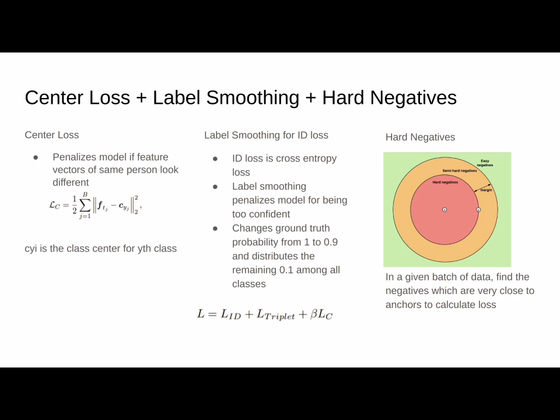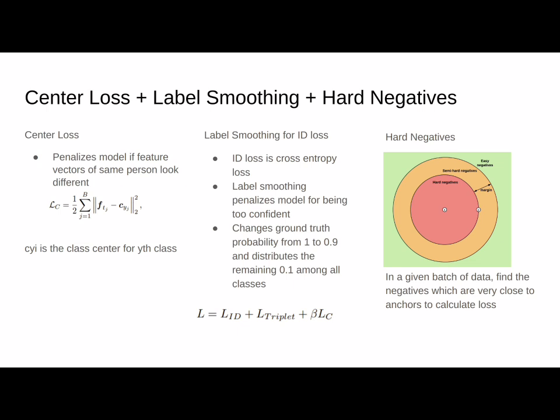Another technique that we use to make sure that we have a good loss metric is label smoothing. Now ID loss is the loss that we get at the end of the fully connected layer. It is basically cross entropy loss or any loss that we use after a fully connected layer.